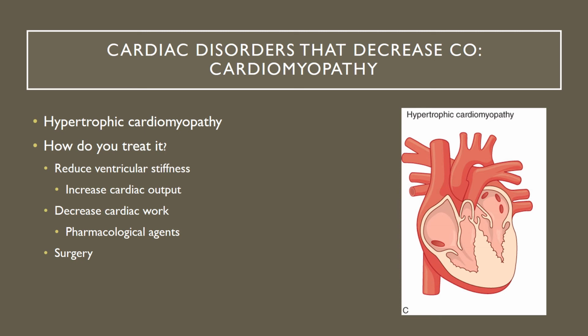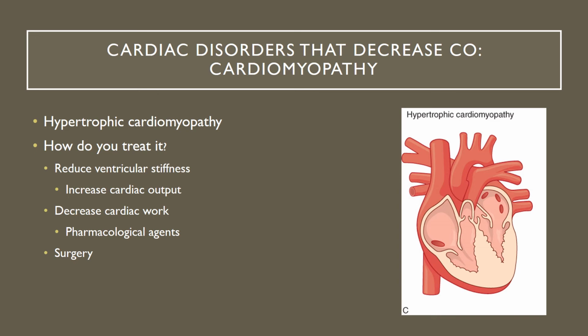So the first task is going to be reducing the ventricular thickness. This can be done through several different mechanisms, but what we want to do is relax this ventricular myocardium, and we might do this through pharmacological means. We might use surgical techniques, right?